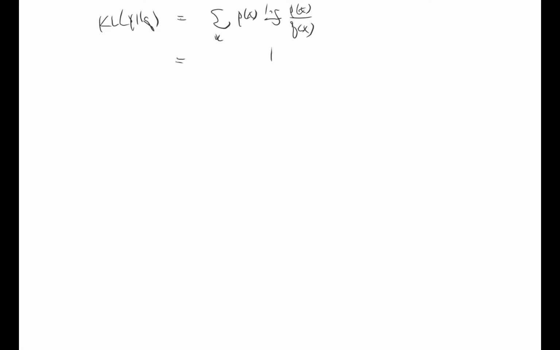So if I use natural log, this is equal to log p(x) over q(x), divided by log 2. I just change the unit basically, it doesn't do anything. Now I need one inequality.